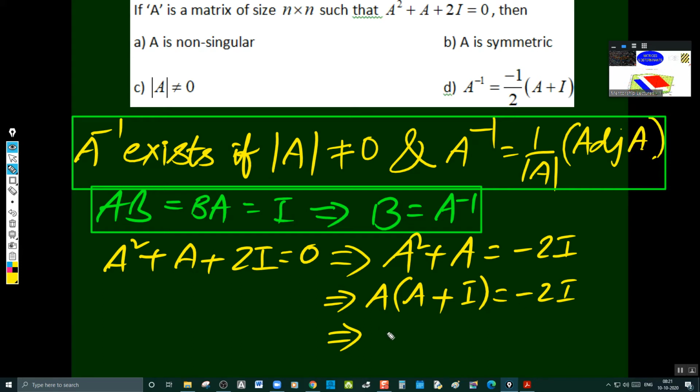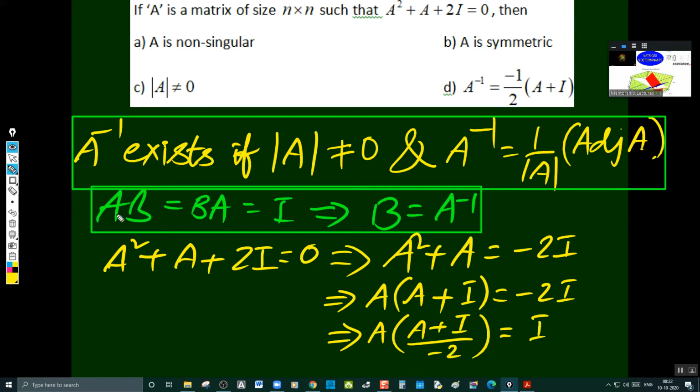So I multiply both sides with minus 1 by 2, and thereby it can be written as A into (A plus I) upon minus 2 is equal to I.